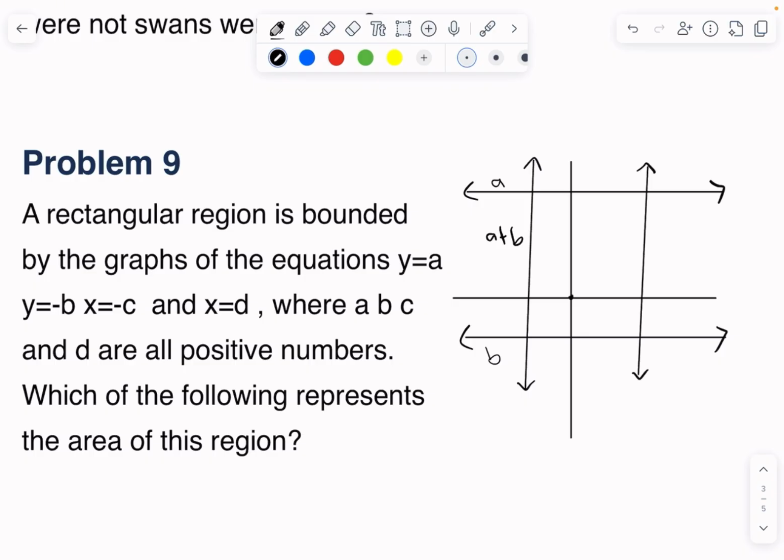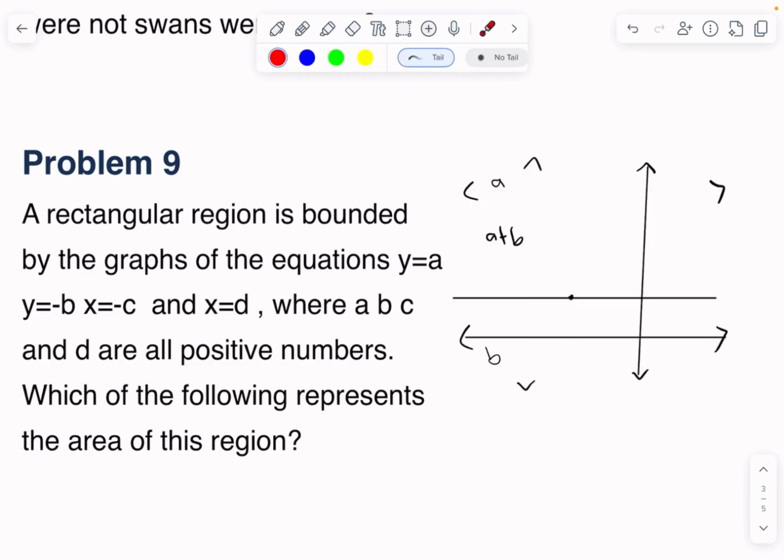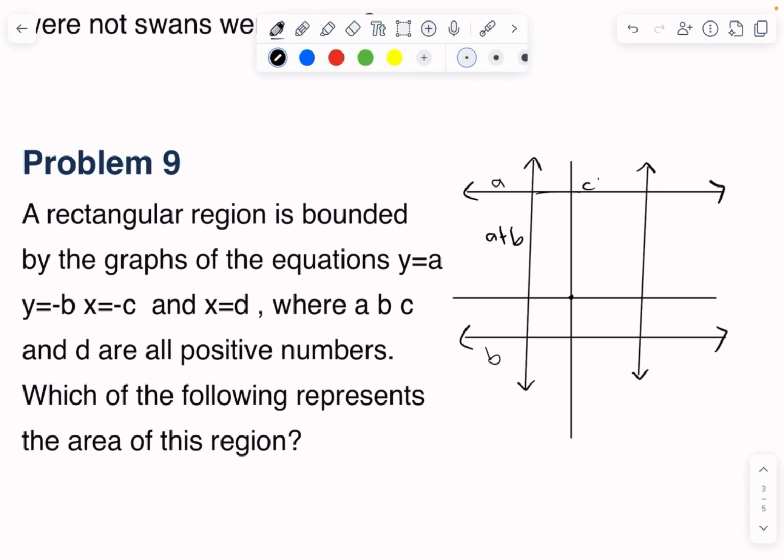We can do a similar thing for this other length, so that will be c + d. To find the area, we just multiply our two side lengths: (a + b)(c + d).